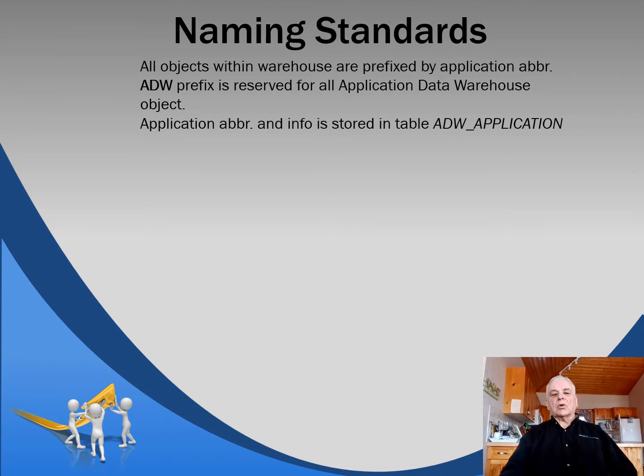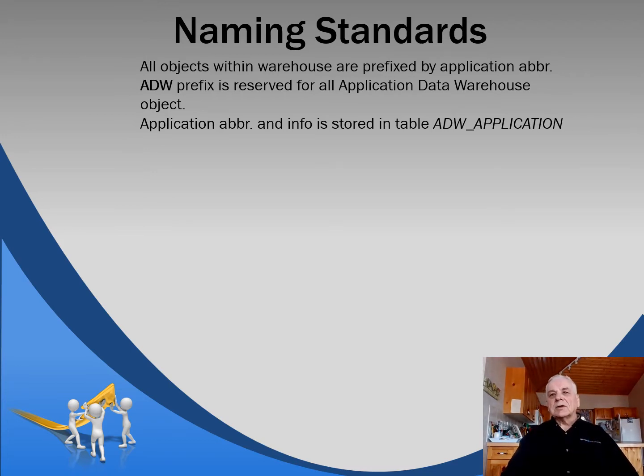Now this became very important because we had a number of people working within the same warehouse, and they would not conflict with their names because each one of them worked with a particular application. They didn't have to overly worry about what they were naming things, because they controlled their own names by prefix at the beginning. So you'd have multiple, for example, project tables or project data sets.